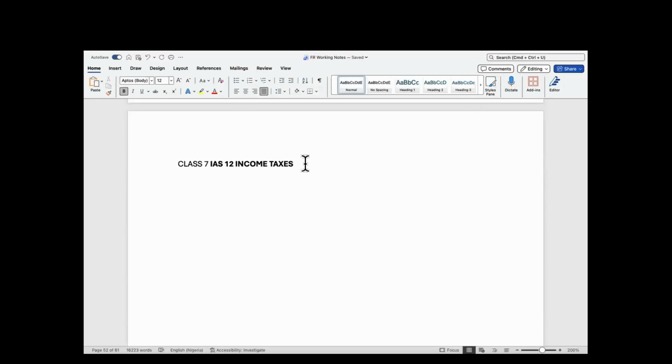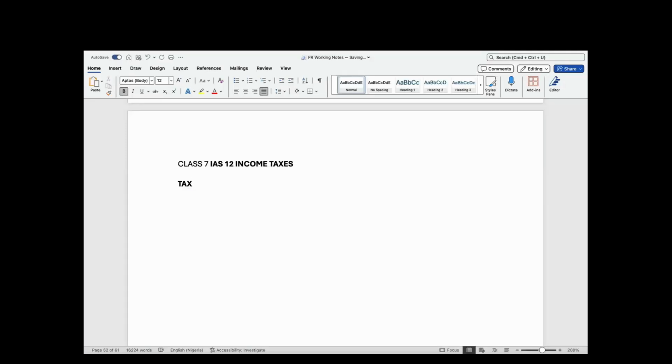So today, for the FR students, we are going to start and finish IAS 12 on income taxes. And what does IAS 12 look at? Basically, the focus is on tax.